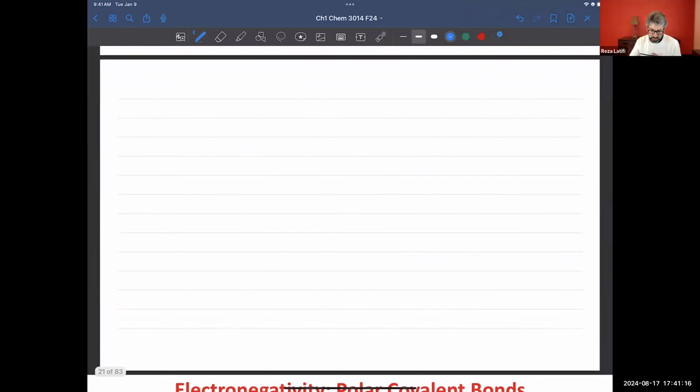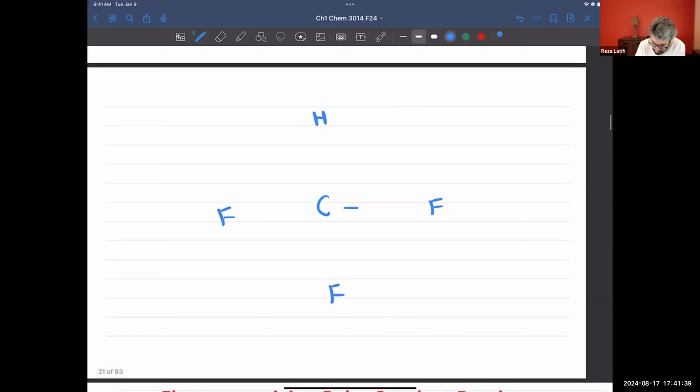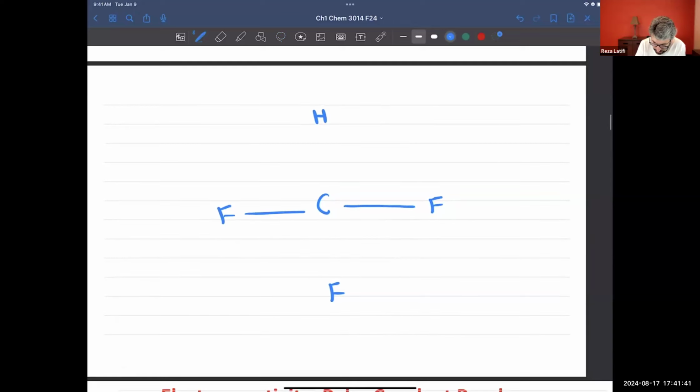So, another method for finding the formal charge. Remember, we had carbon and 3 fluorines. I'm going to connect them. Each fluorine had 3 lone pairs.